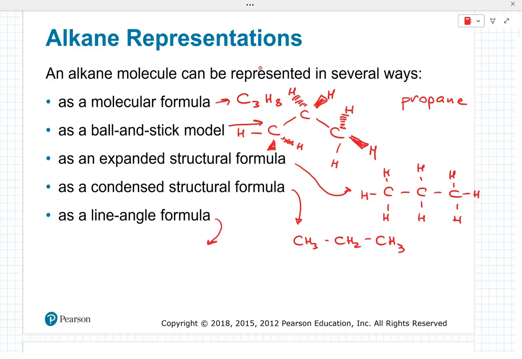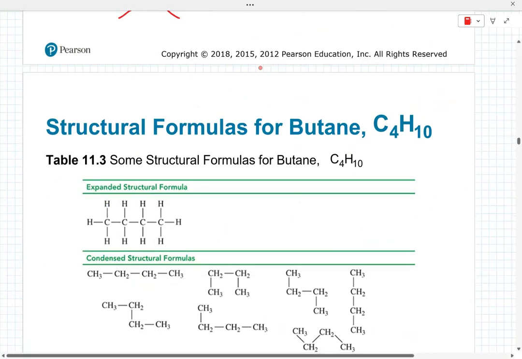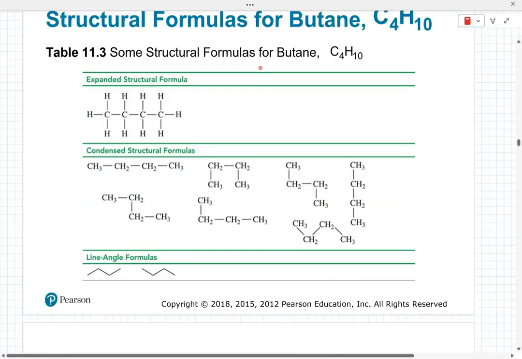And line angle, remember, a carbon is at the end, a carbon is at the angle crossing. So that's it. Okay? All good? Right. So, something that's important to understand.